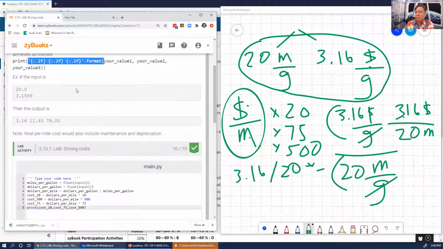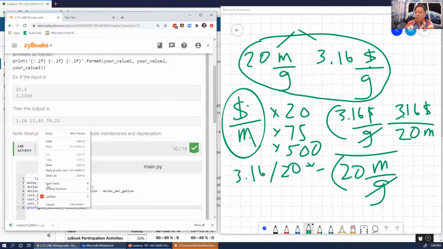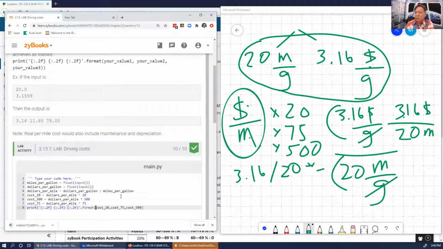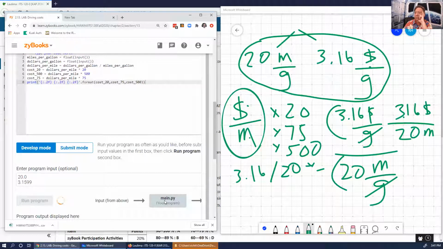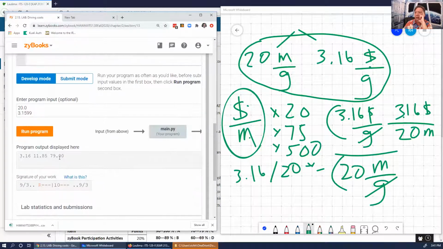Copy. Paste. And I need to put another one of these here. Okay. All right, that looks pretty good.